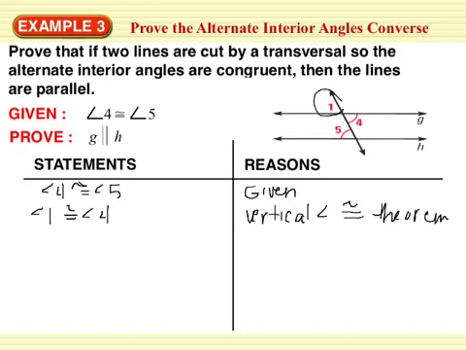Cool. All right, so if I have 5 is congruent to 4 and 4 is congruent to 1, that tells me that angle 1 is congruent to angle 5 because of the transitive property.